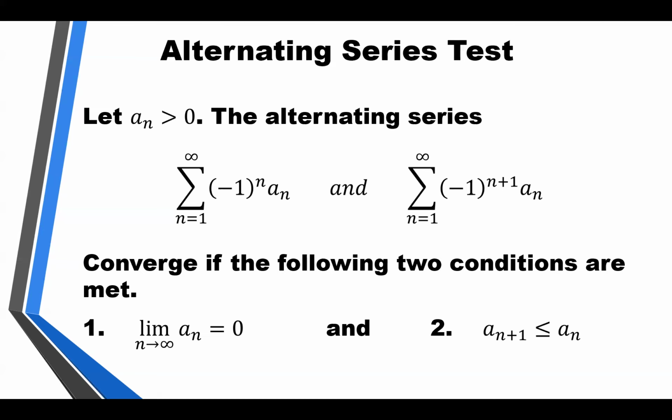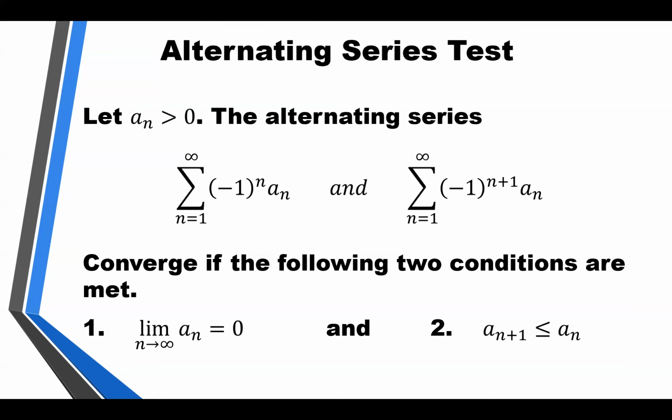If we have an alternating series, whether it's negative 1 to the n times a sub n summed up, or negative 1 to the n plus 1 times a sub n summed up, then the alternating series converges if the following two conditions are met.